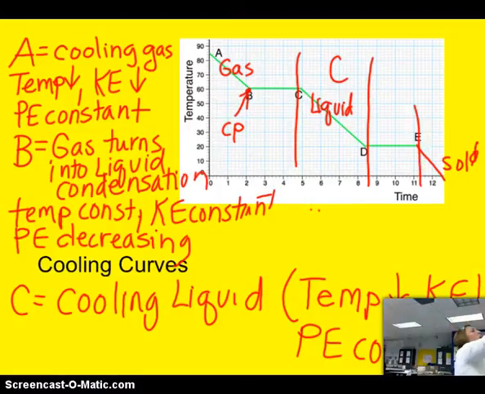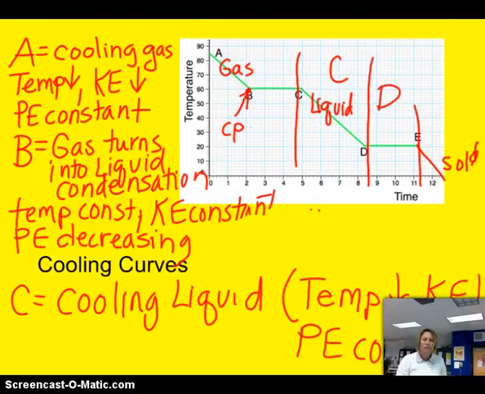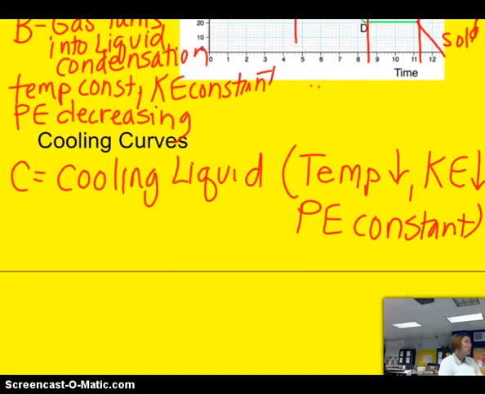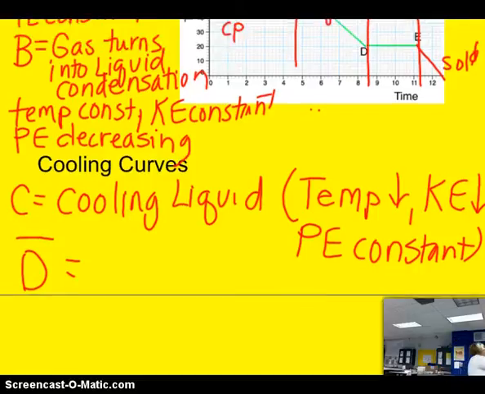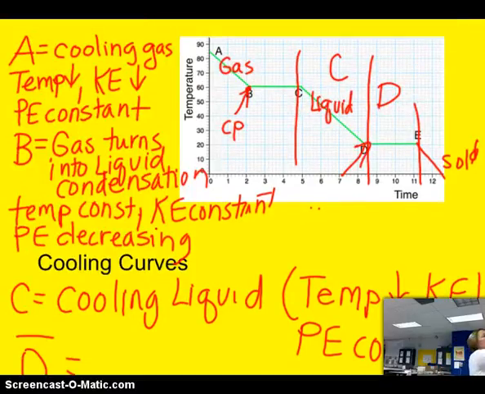Segment D, it's flat. This is your segment D right here. It's flat. What do you think that means? It's a phase change. So for segment D on yours, we cool the liquid until the liquid begins to freeze. That's our freezing point.